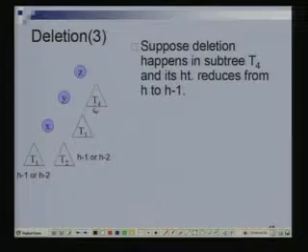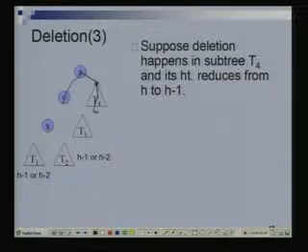I started walking up, and I came here, and this was the first node I identified which had an imbalance, right? This node has two children. This is one child of Z, and the other child of Z is this one. I said, let us take the child of Z which has larger height.